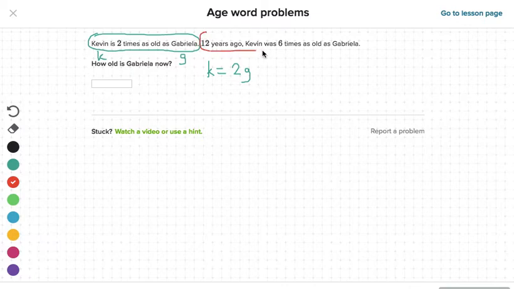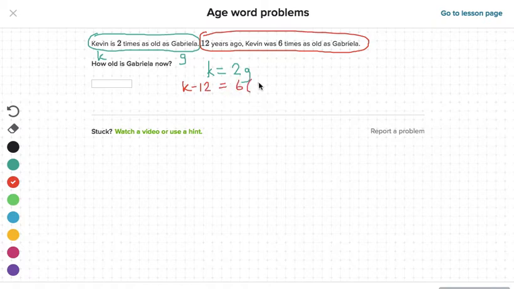And again, we've got 12 years ago, Kevin was 6 times. You notice this one here is "2 times as old" instead of "2 years older than," so this is a multiplication one. The other one here is 12 years ago. So Kevin minus 12 years ago was equal to 6 times as old as Gabriella 12 years ago.